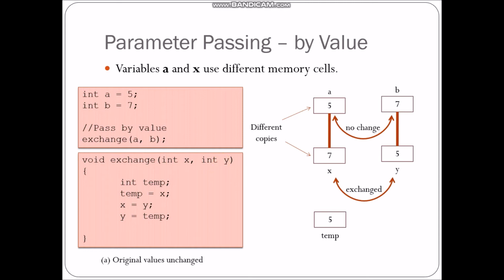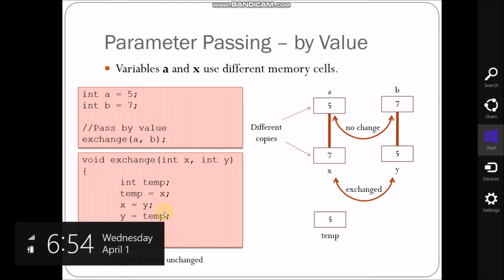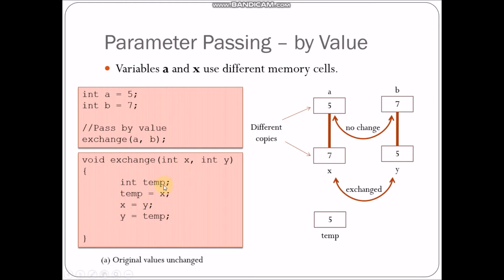So here you want to exchange the value of x with the value of y. So first you need to have different memory cells for the values of x and y, which is for this and this. Then you need to declare a new variable, which is temp.